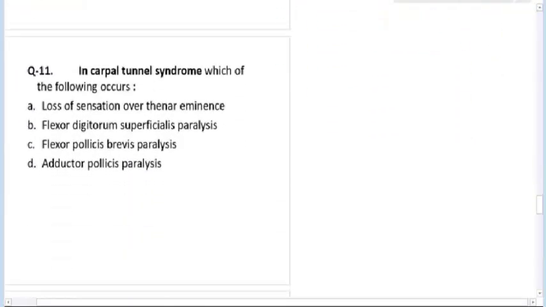11th question. Carpal tunnel syndrome, which of the following occurs? Loss of sensation over thenar eminence, flexor digitorum superficialis paralysis, flexor pollicis brevis paralysis, adductor pollicis paralysis. Now in carpal tunnel syndrome, the median nerve is injured, but we need to understand that this is the flexor retinaculum.